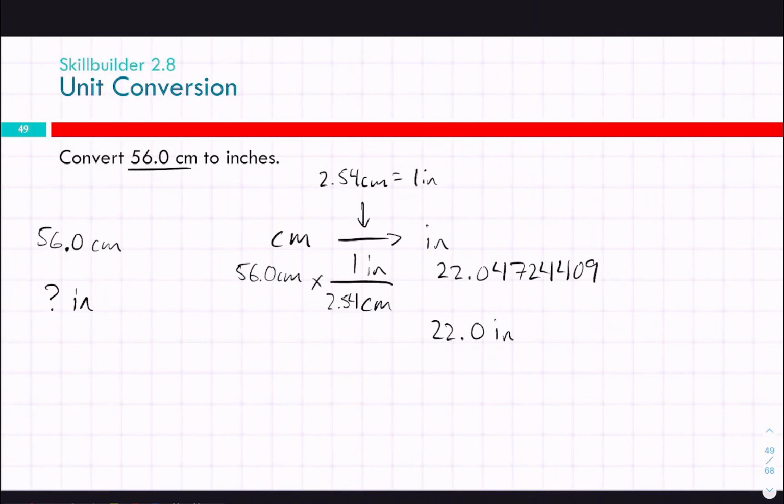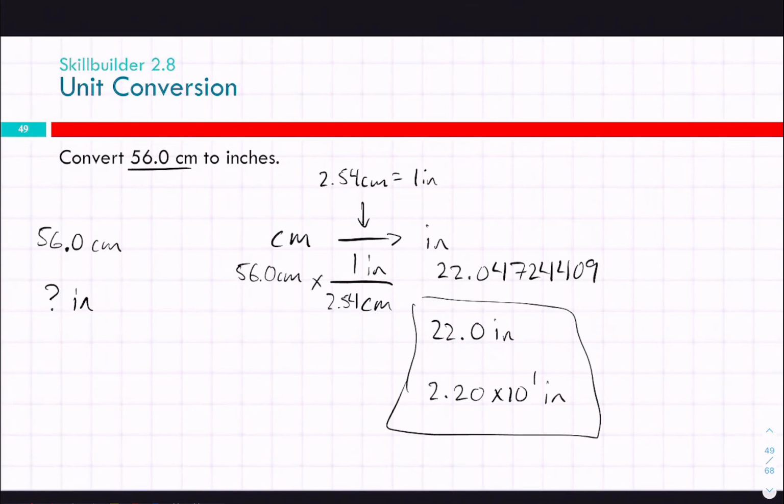That's the safe bet. So this will be 2.20 times 10 to the 1 inches. Both of those have the correct number of sig figs.